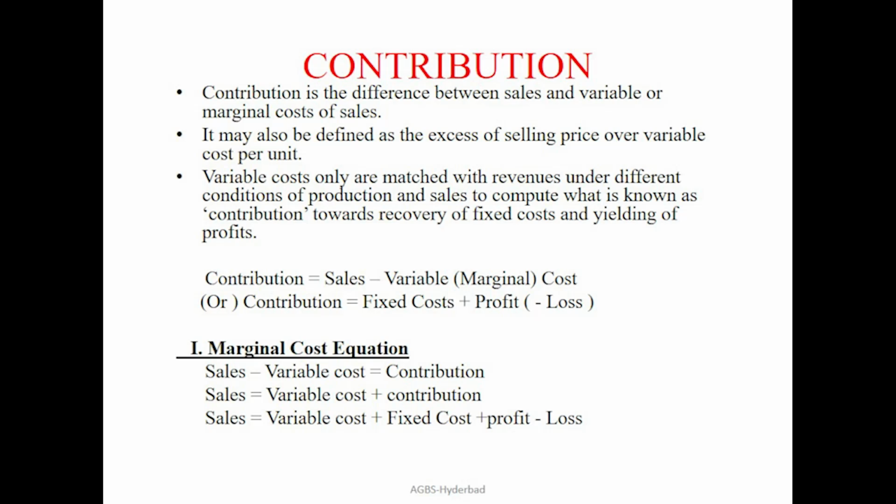Totally we can say this as the sales of the product. Do remember these formulas are very useful to find out whether we are getting a profit or loss in our business, and whether to produce the product or not. That estimation can be done easily by means of these formulas.